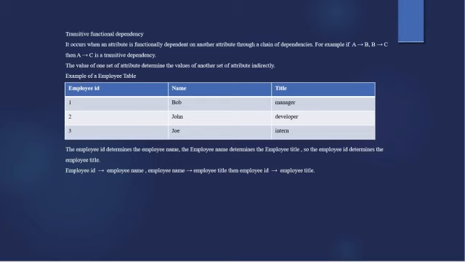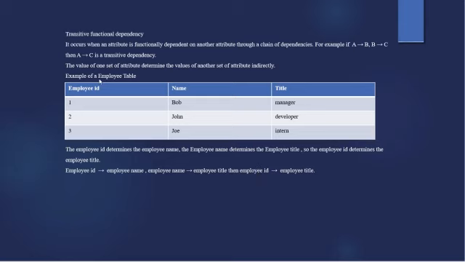In the example given in the employees table below, we have employee ID, name, and title as our attributes, and these below are our instances. So the employee ID determines the employee name, the employee name determines the employee title, so the employee ID determines the employee title.